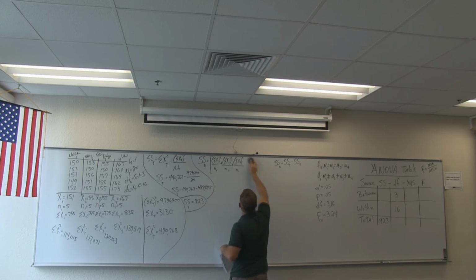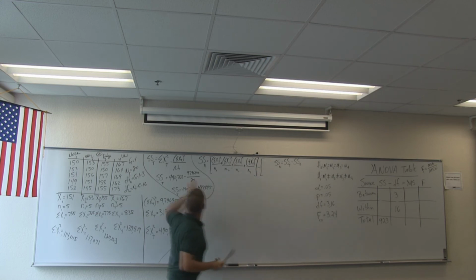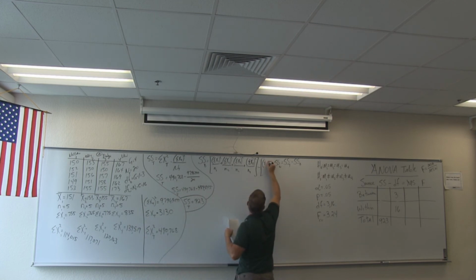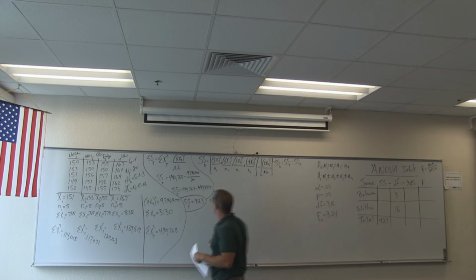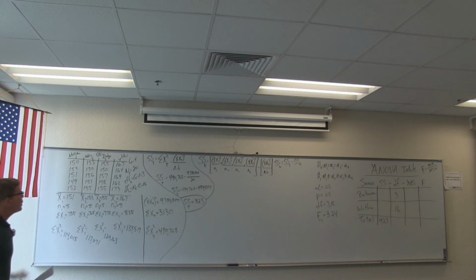We'll just add one more little group here, plus the sum x for the fourth group, quantity squared over the n for the fourth group, close the bracket, minus this quantity right here, sum x sub t quantity squared over the capital N sub t, sum of squares between groups variation.